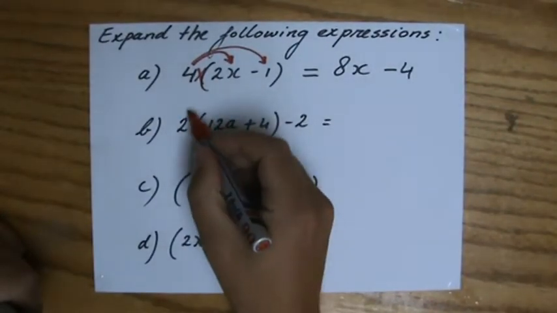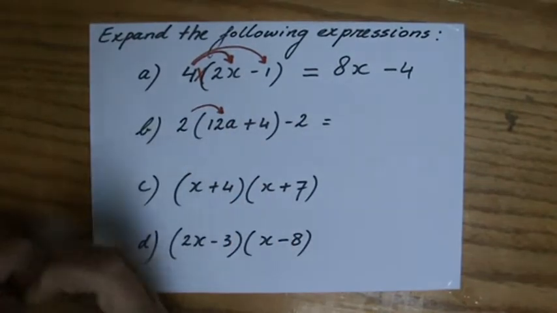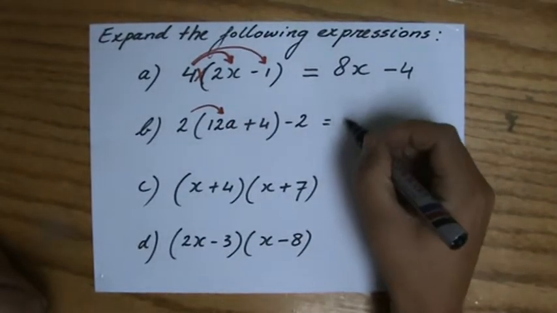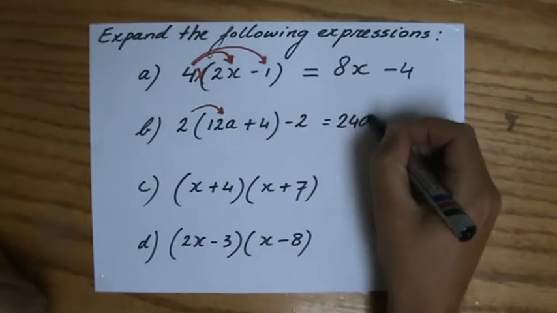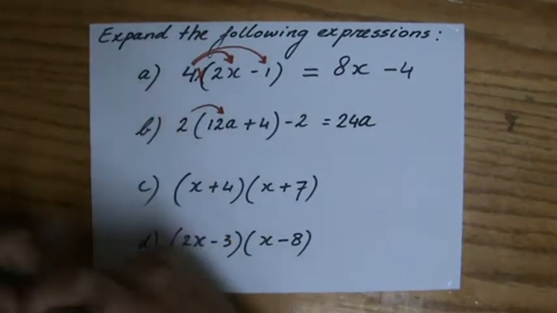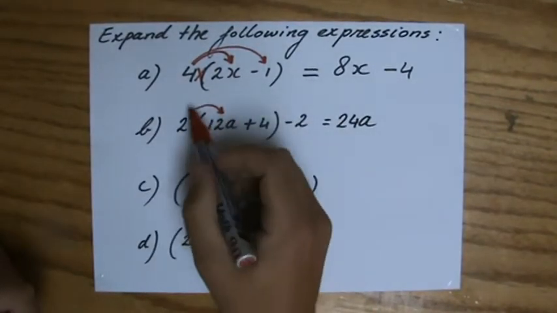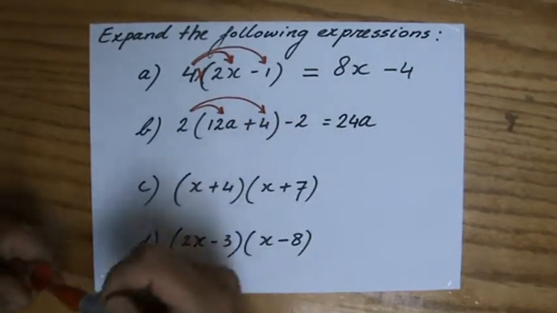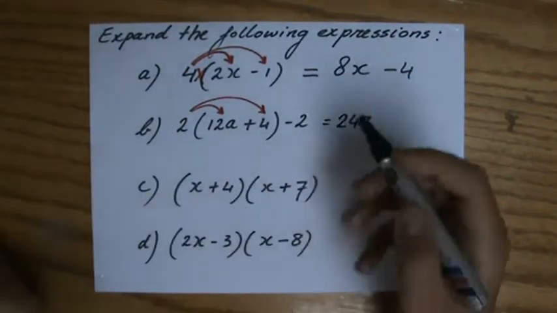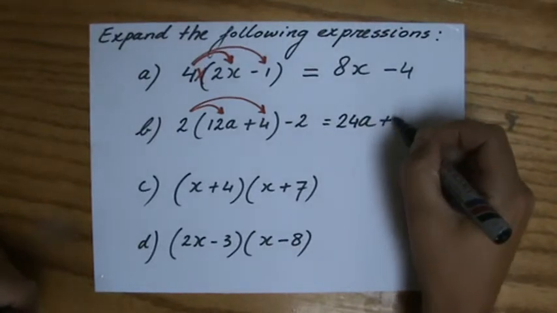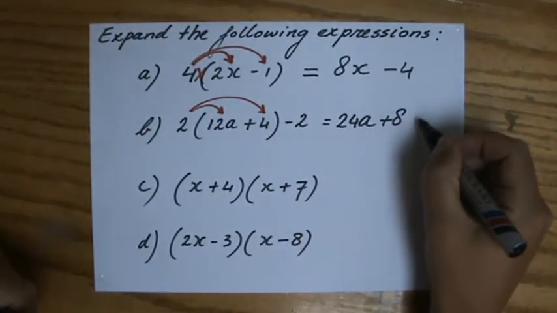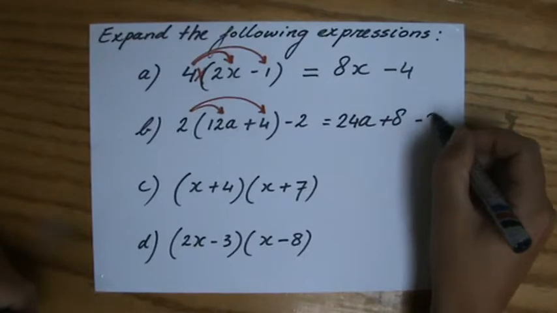So 2 times 12a, that's what I'm going to work out first. That's going to be 24a, whatever a is. We're not interested in that, because that is when it's an equation. This is an expression. 2 times 4 is again 8, plus 8, and then I finish the expression, minus 2.